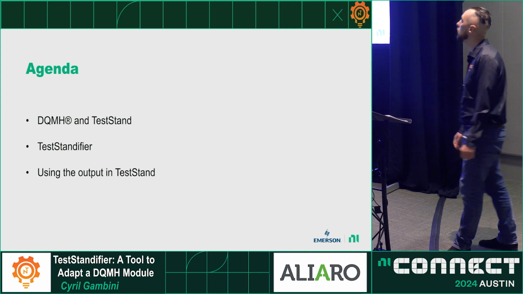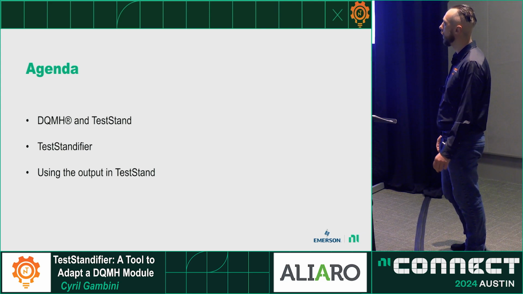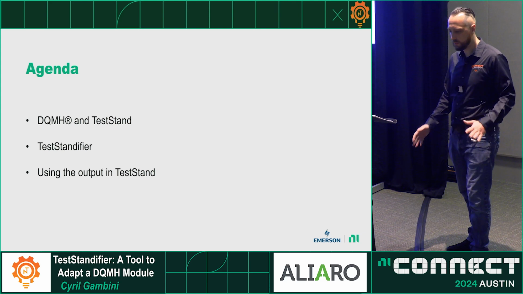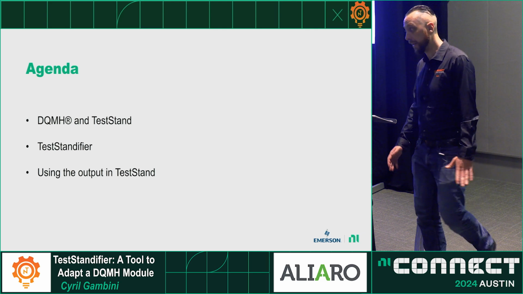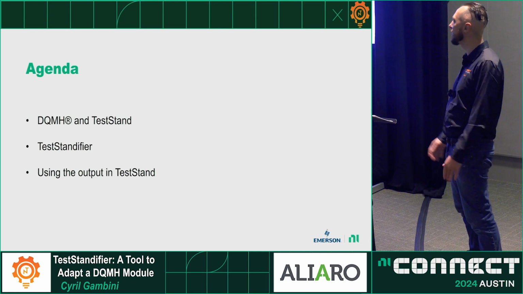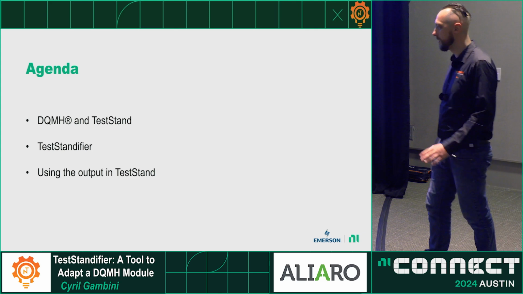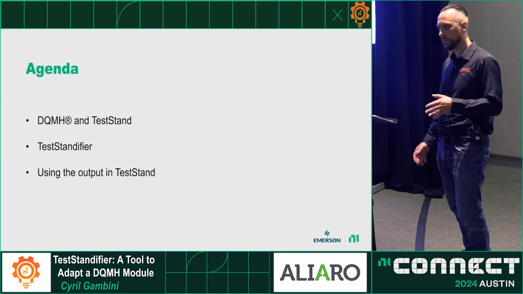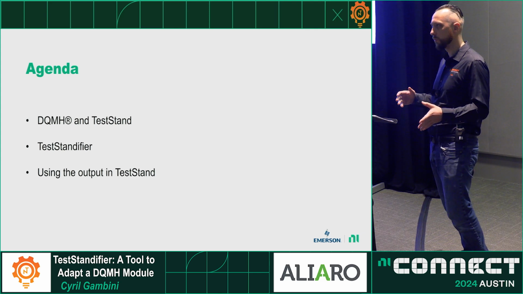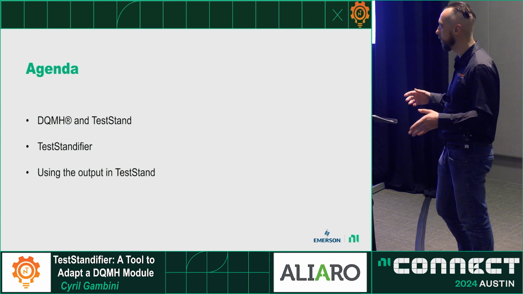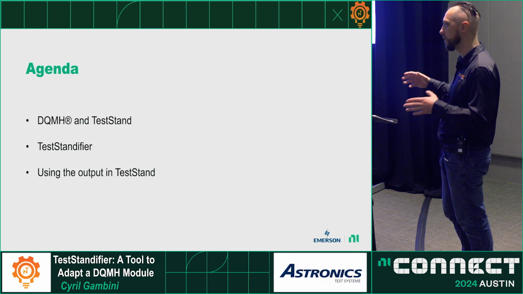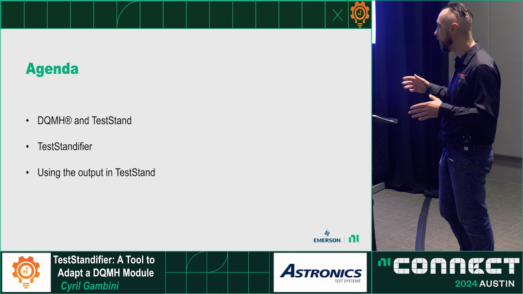The agenda will be quite simple. I will just try to present a little bit again what DQMH is and what TestStand is, and we will see some strong points and key ideas of what a DQMH module is, and how TestStand is actually behaving.